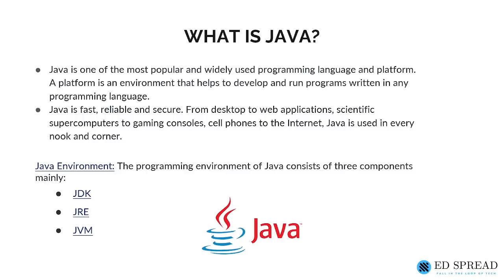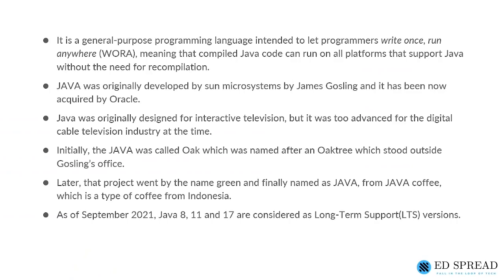And next, let us see what is the Java environment. The programming environment of Java consists of three components mainly. Okay, so the first things are JDK, JRE, and JVM. So first, let us see what is JDK. Okay, so before going to JDK, there are some more points here. Let us just see.